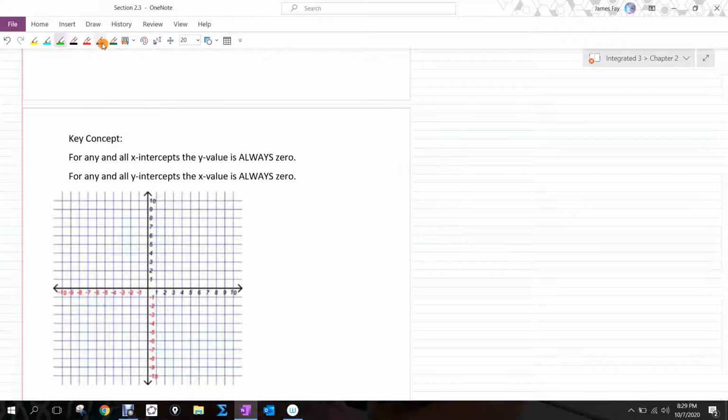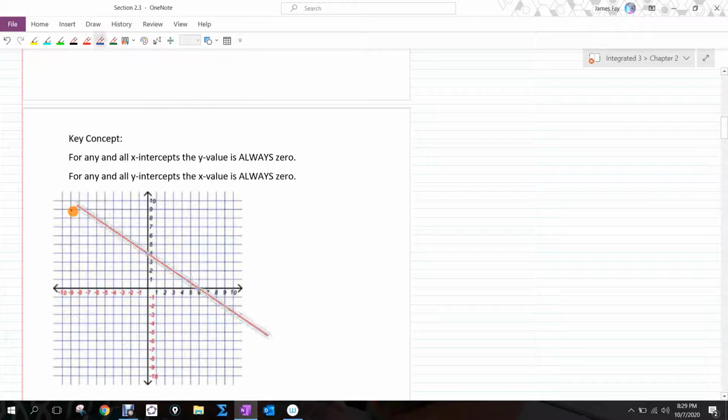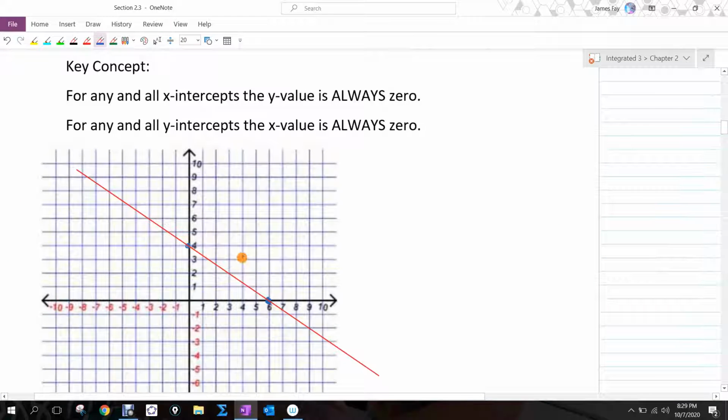So if I had a line here, let's say that we're going to point there, and let's say we got a point right there. If we connect those with that red line, okay, so this one here would be my y-intercept.